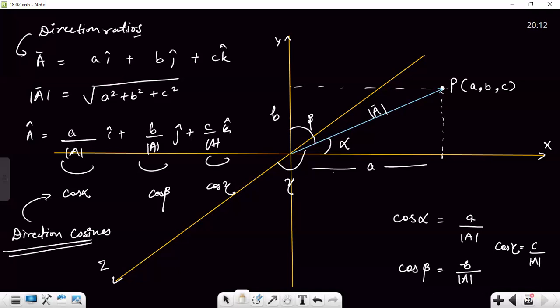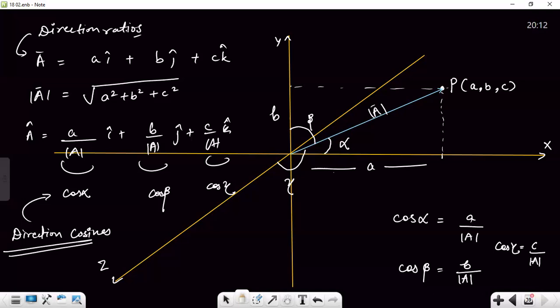But you have to understand the concept of how we find alpha, beta, gamma, which are the respective angles that the vector makes with the x, y, and z axes. Are there any questions? No, sir.